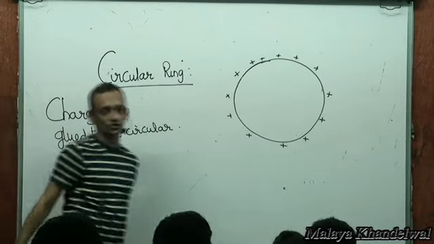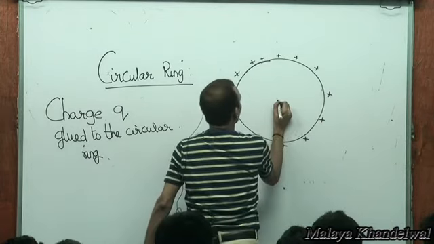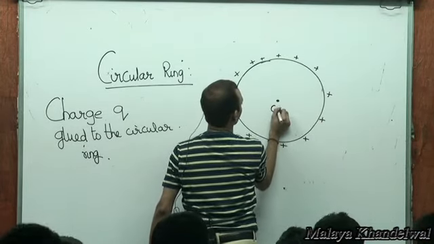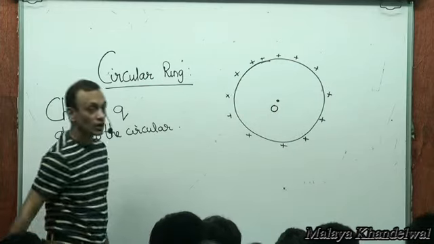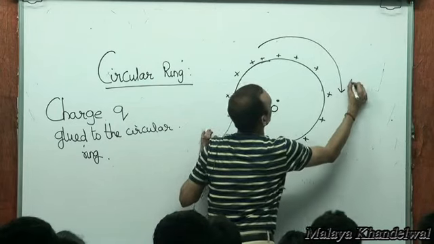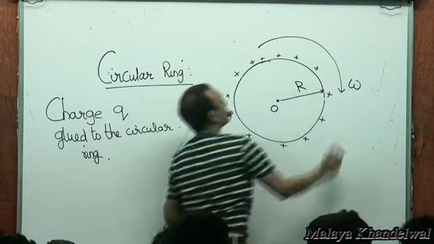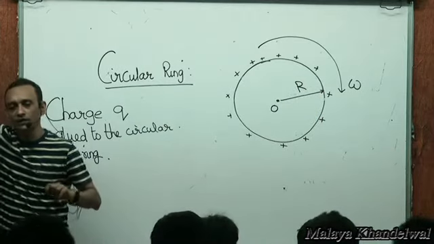Charge Q glued to the circular ring. And at the center of this ring, this is the center of this ring, and this ring is given an angular velocity omega. Say the radius of this ring is r, and the ring is given an angular velocity omega.